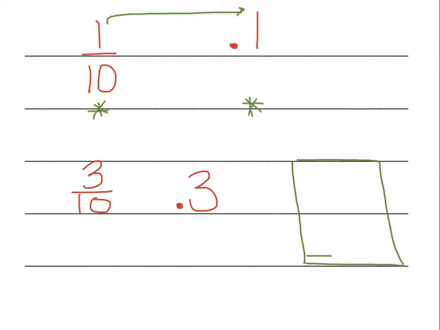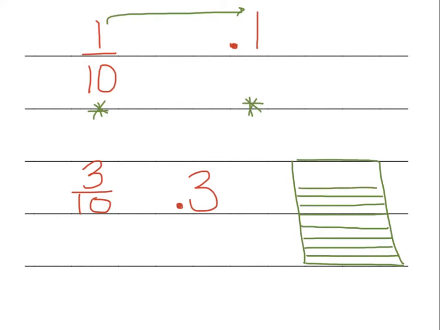Split it into 10 pieces: 1, 2, 3, 4, 5, 6, 7, 8, 9, 10. And then fill in 3 of them: 1, 2, 3. So that's 3/10, written out as a picture, as a fraction, and as a decimal.